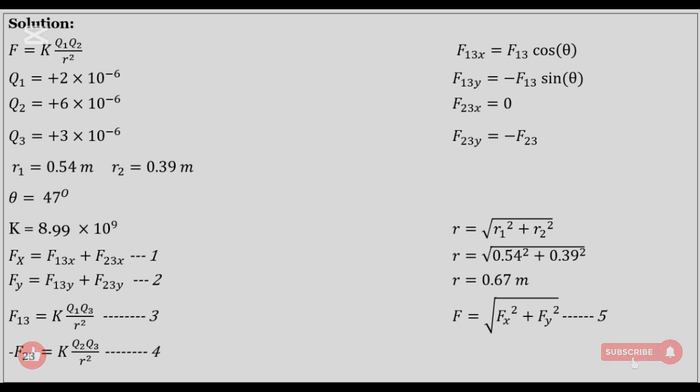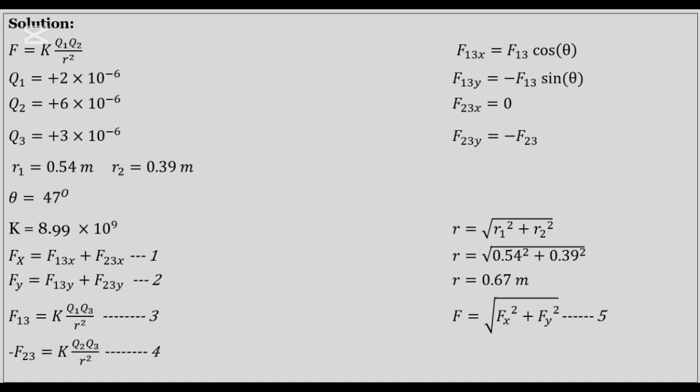Now write out all the parameters given in the question: Q1, Q2, Q3, then R1, R2, and theta, which is 47 degrees. K is our constant, which we already know, 8.99 times 10 to the power 9. So our parameters are written out.